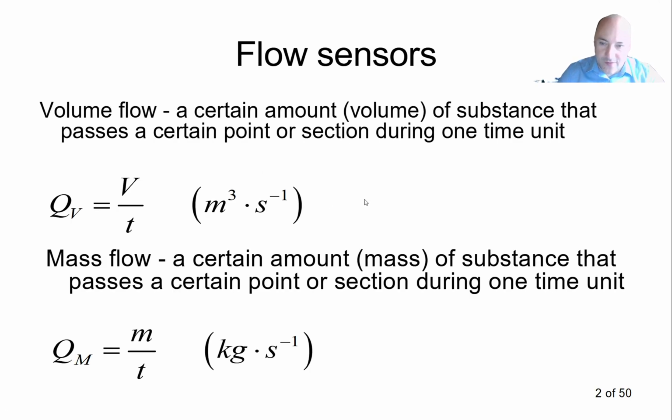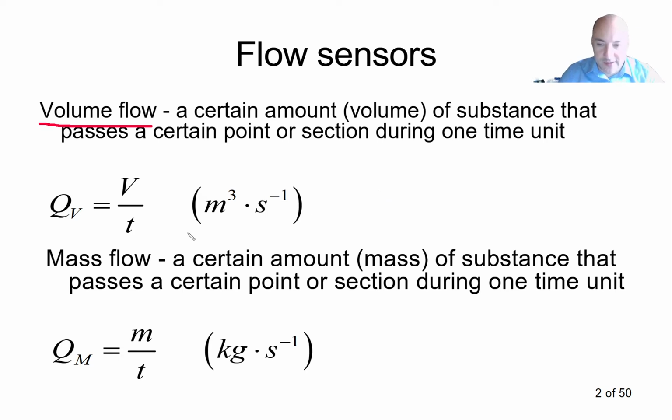So first of all, let's take a look at how we can actually measure the flow, because there are two ways how flow can be measured and evaluated. The first possibility is the volume flow, which is some amount of your substance that passes through a certain point or cross-section in a unit of time.